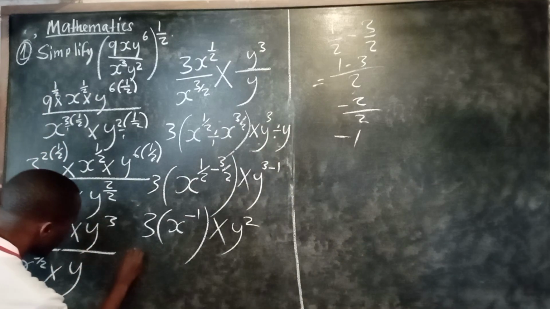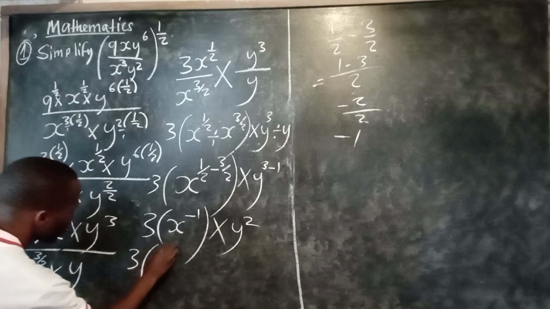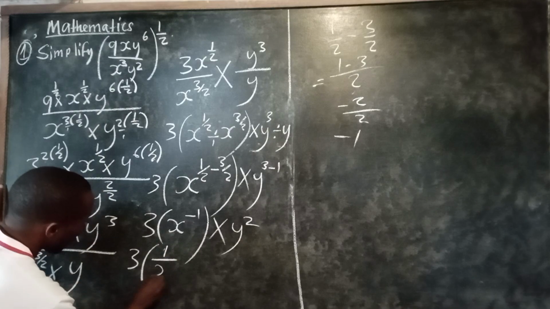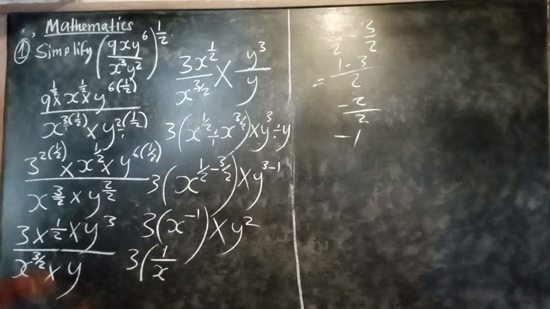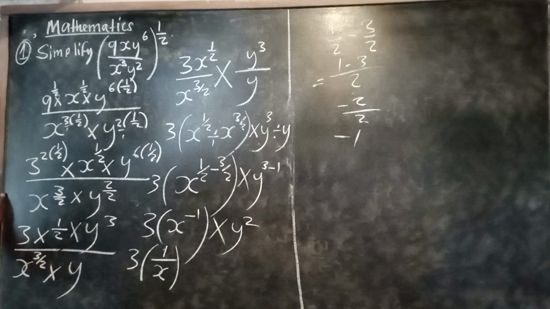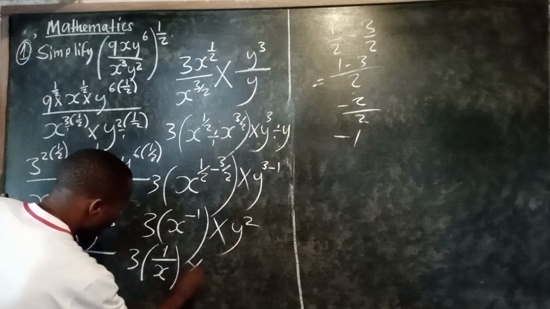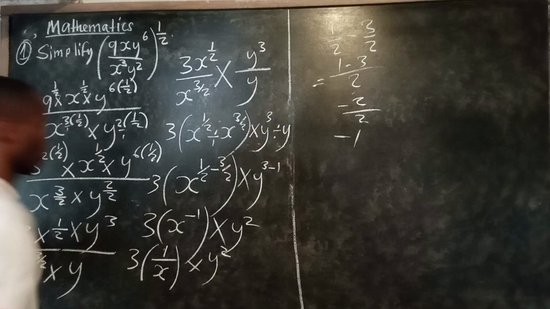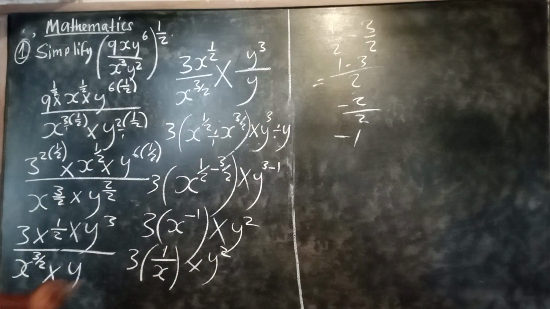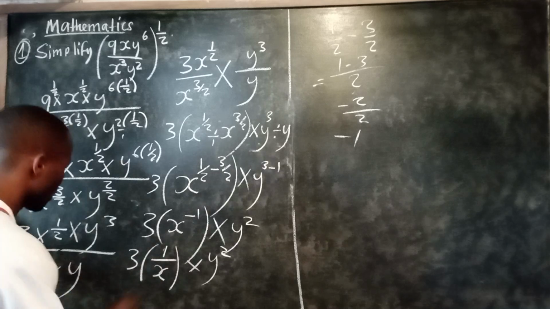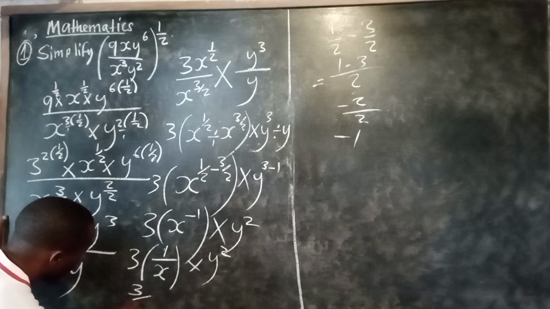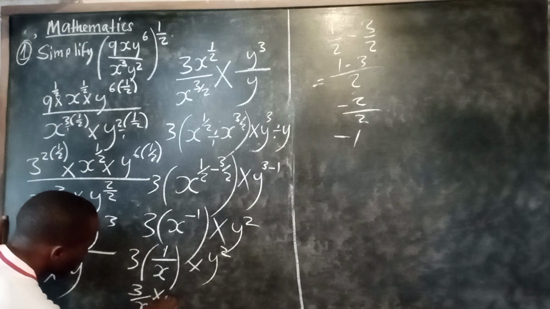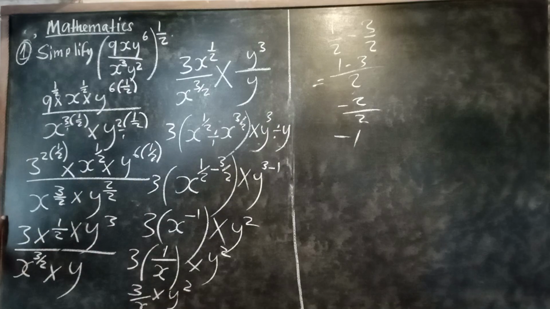How is it going to be? So 3 there, we are going to say 1 over x. That's what it means. Then we close the brackets. Then times y squared. Okay? Then from there, 3 times 1 over x, the answer will be 3 over x times y squared.